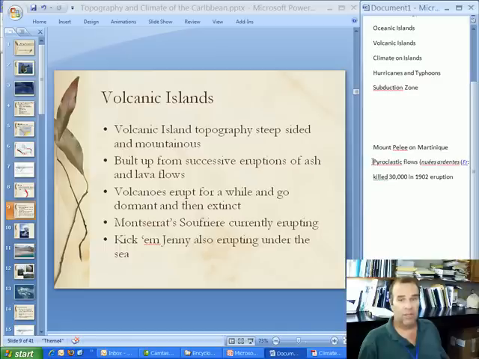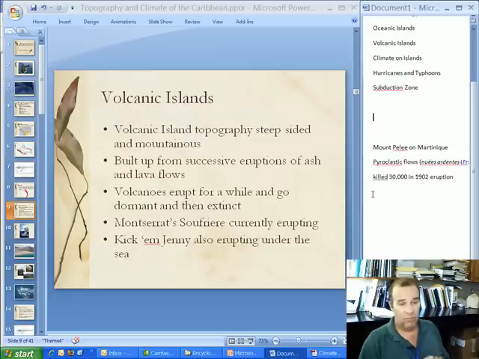It was so devastating because it erupted with pyroclastic flows, or nuées ardentes in the French. These pyroclastic flows are clouds of superheated gas and volcanic ash at temperatures of over 1,000 degrees Celsius, moving down the side of the mountain at hundreds of kilometers an hour.